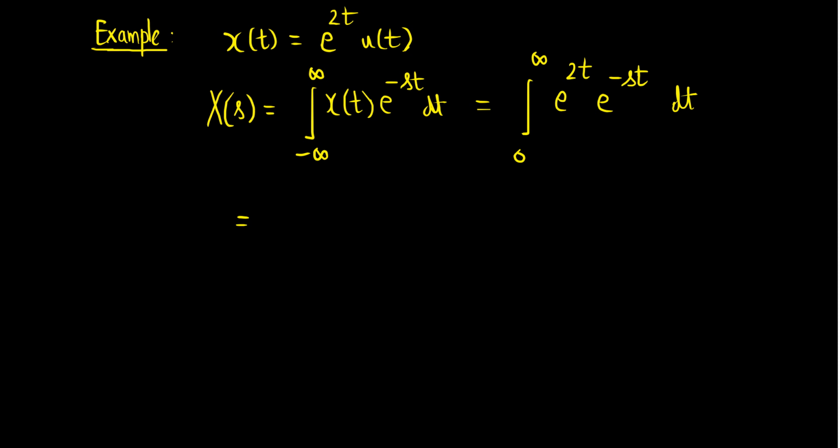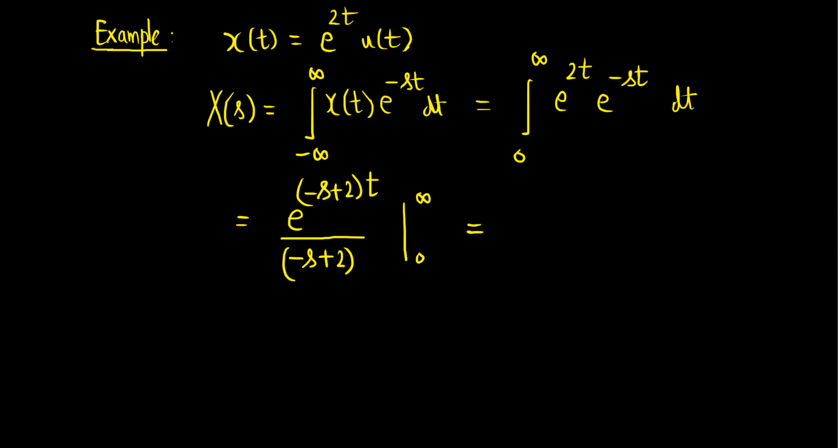It is going to be e power minus (s plus 2) times t divided by minus (s plus 2), from 0 to infinity.